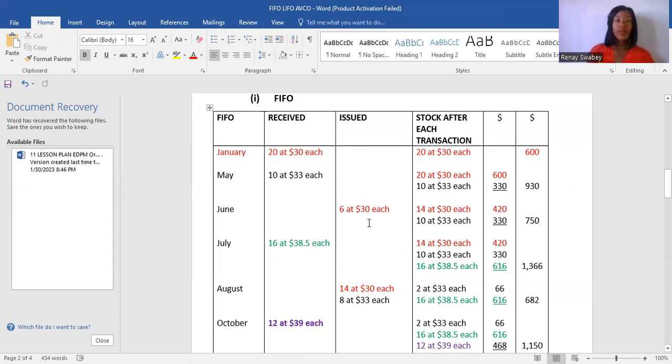In January, let's say we received 20. Again, Selena received 20 cases from Sashanique, and she's to sell each case for $30. In January, she did not sell. Nobody bought any of the products that she purchased in January.